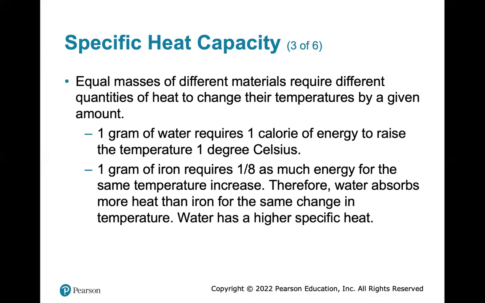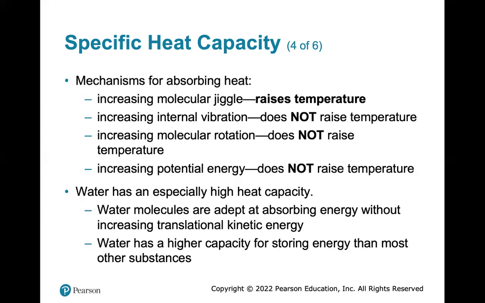So water is able to resist change in temperature as compared to any of the metals. Those numbers that I called out to you are not important. It's just for reference that I gave them. You don't have to memorize those for a test or a quiz or anything like that.